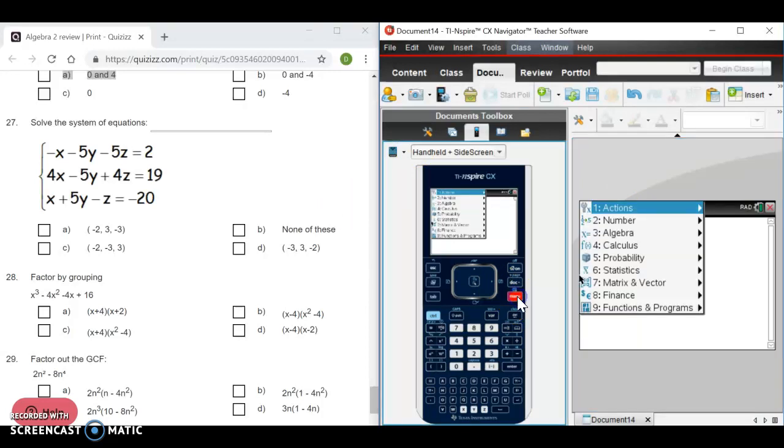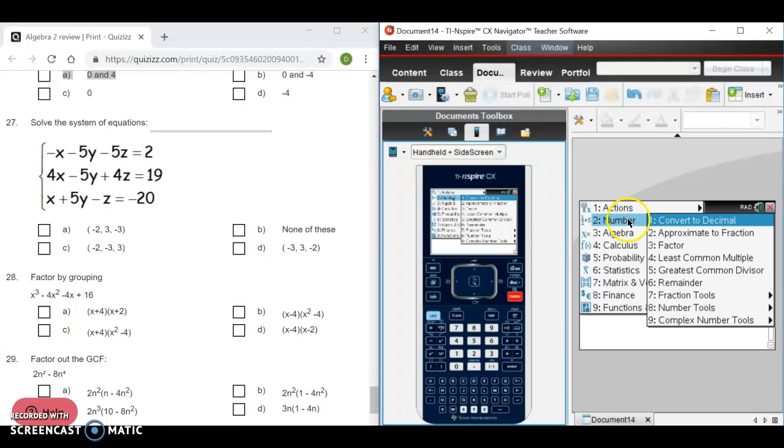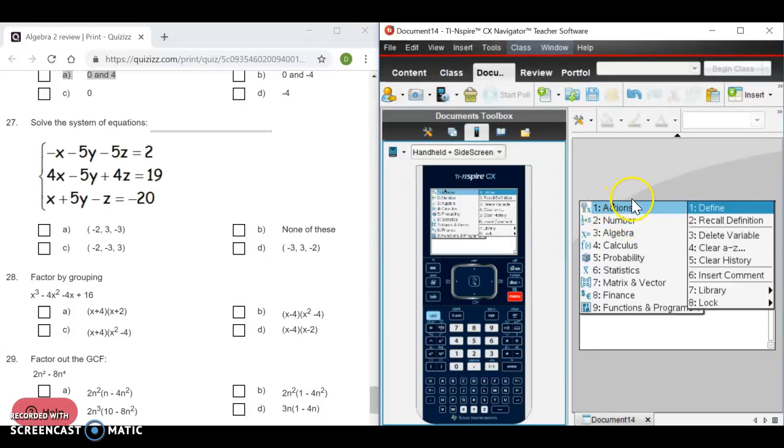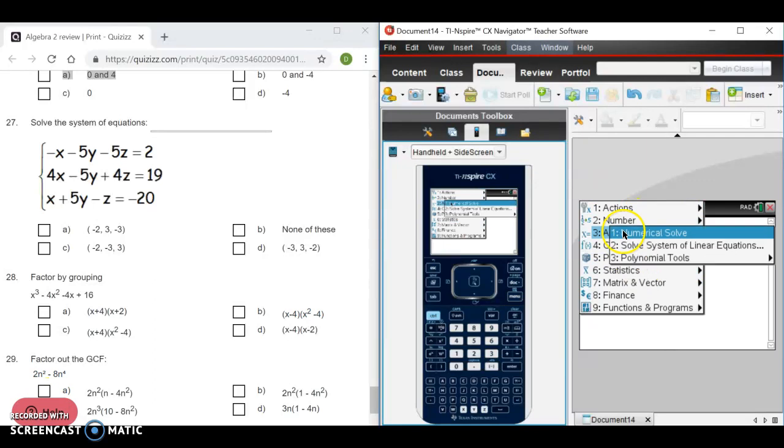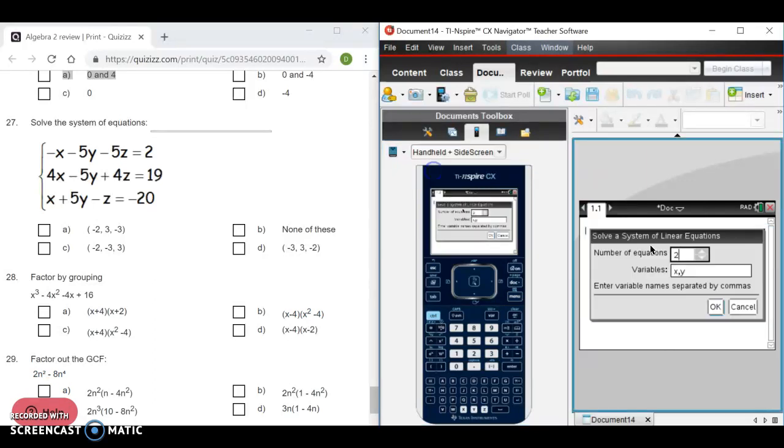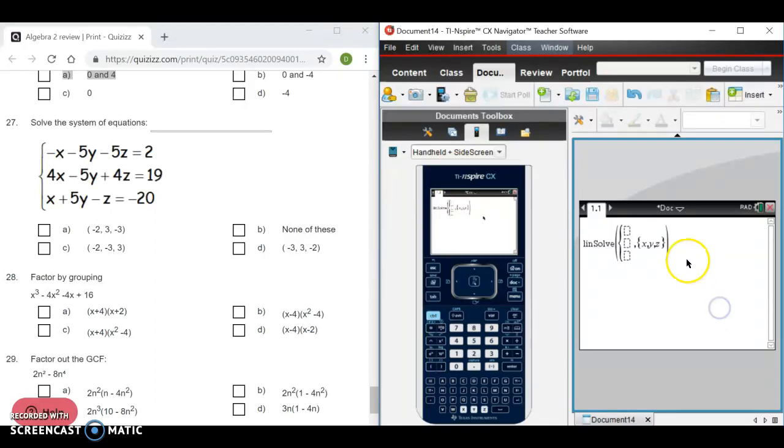All you have to do is go menu, and from here you go to 3, menu 3 2, and then remember you have to change this number to 3, and you press OK. Then from there you would enter these as you see them.